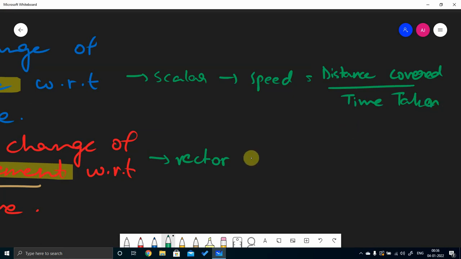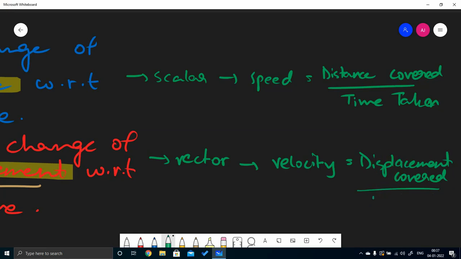All right. And if we talk about velocity, we can write velocity is equal to displacement covered, there can be only one displacement, upon time taken.